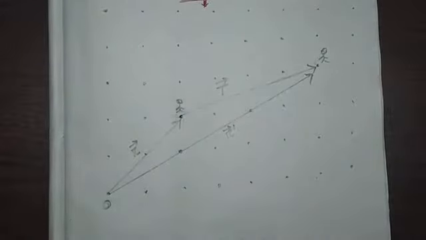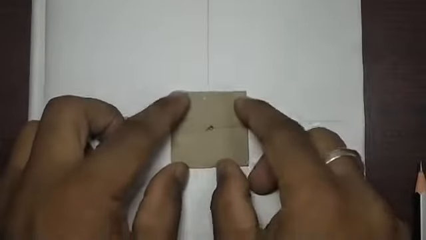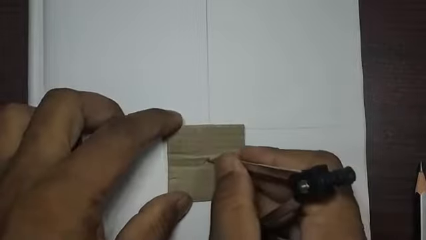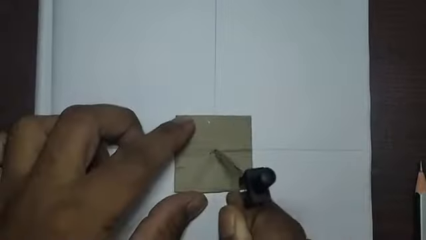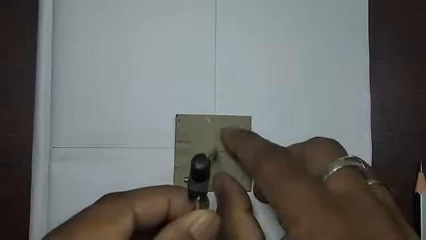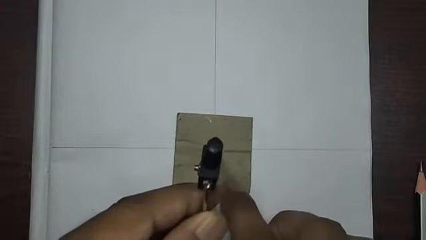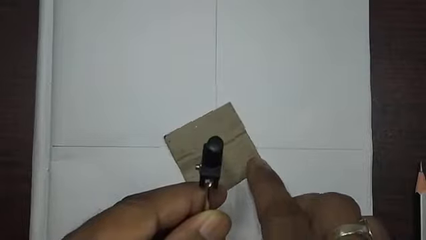Another operation I am going to show you. Here you have to observe carefully. Suppose this is a square, and at its center, suppose I fix it like this. If I rotate this much, then after rotating I get the same situation.